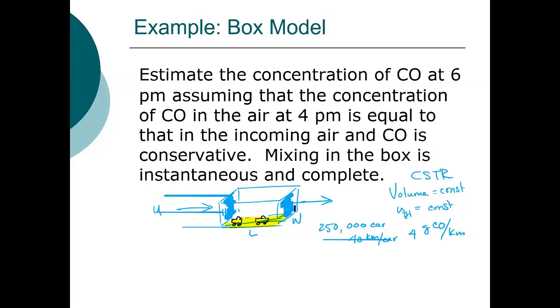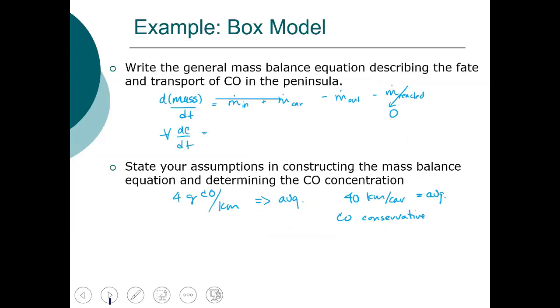So when you're thinking about where to do the averaging, think about the physics of the system. Cars are driving along the base of the valley, or the base of the peninsula in this case. So we'll divide by the area of that base. Cars are traveling along that base.